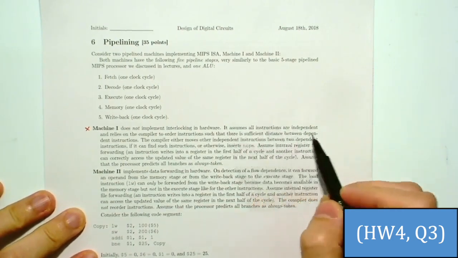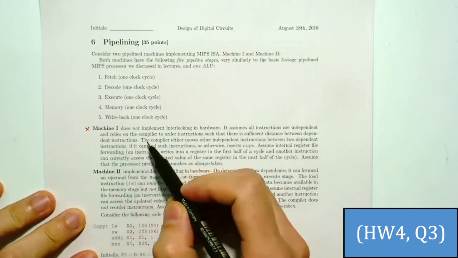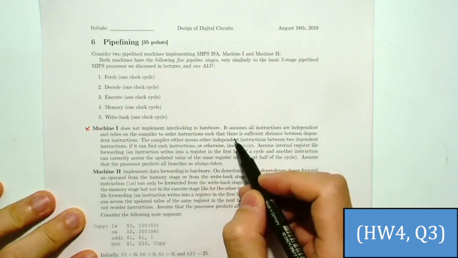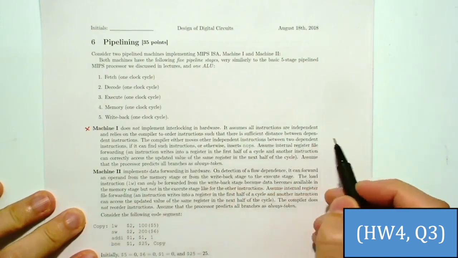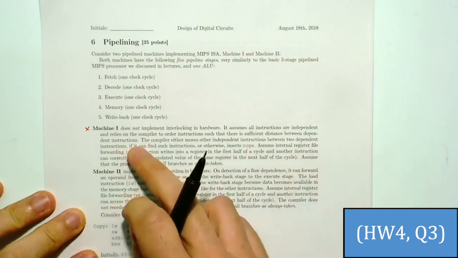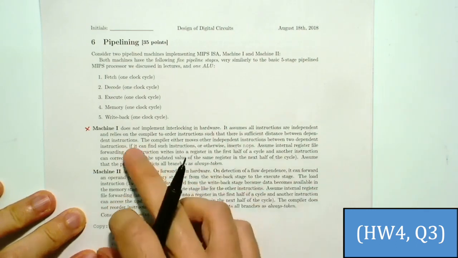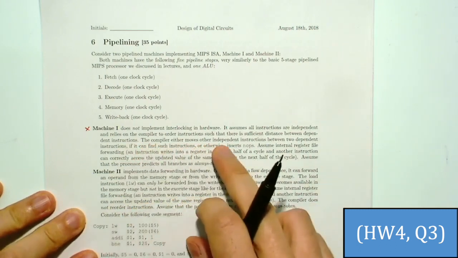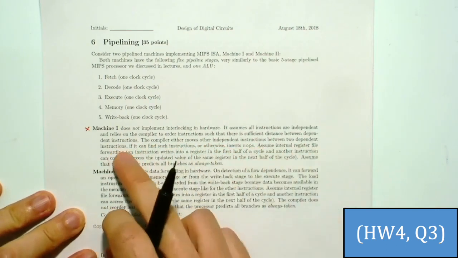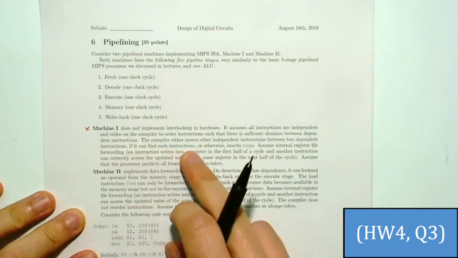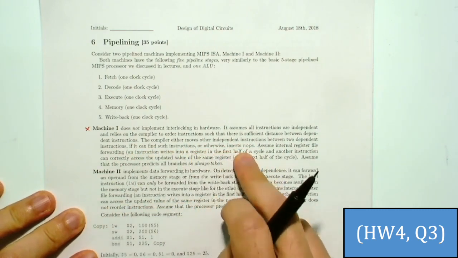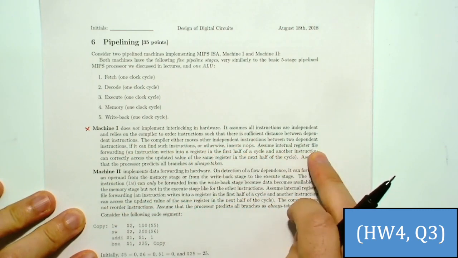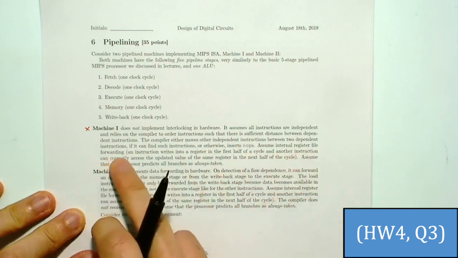It assumes all instructions are independent and relies on the compiler to order the instructions such that there is sufficient distance between dependent instructions. So it's the compiler who has to deal with the dependencies. The compiler either moves other independent instructions between 2 dependent instructions, if it can find such instructions, or otherwise inserts nops.